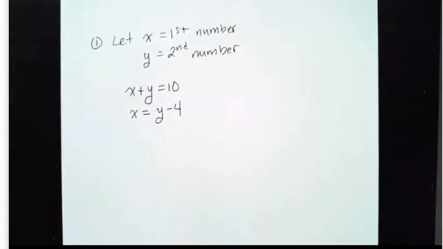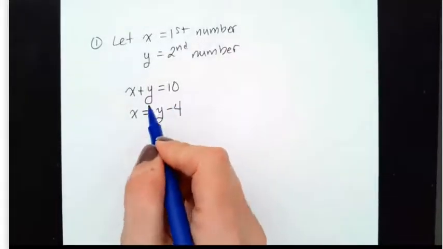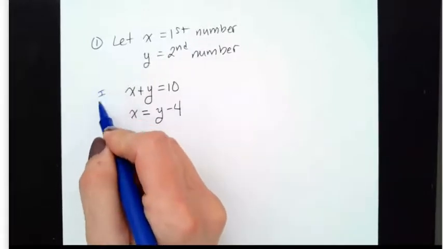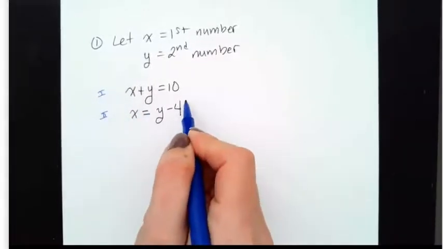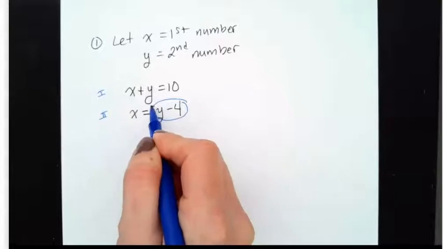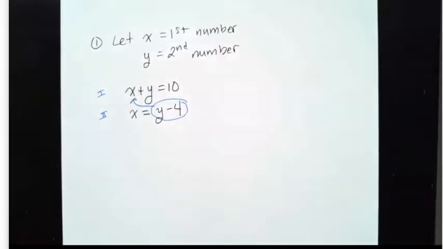So I have my system, two equations, two variables. I'm going to decide how I want to solve this system. Since my second equation is already x equals, I'm going to decide to use substitution. So let me label my equations 1 and 2. I'm going to take this expression for x and substitute it into the first equation.